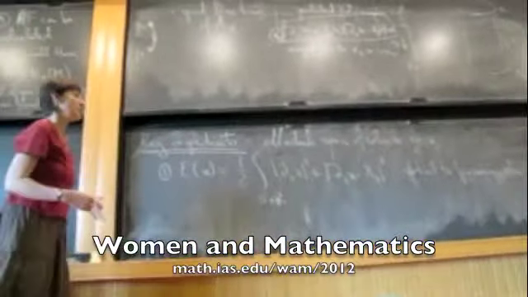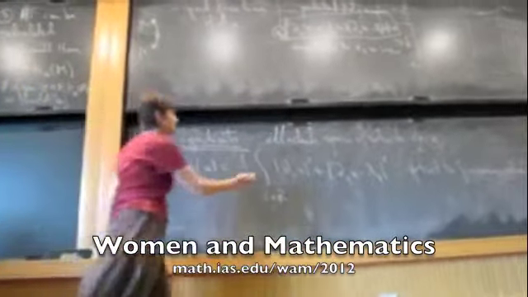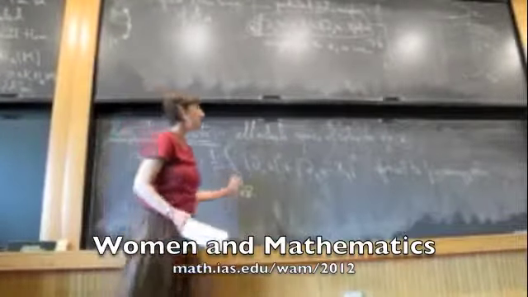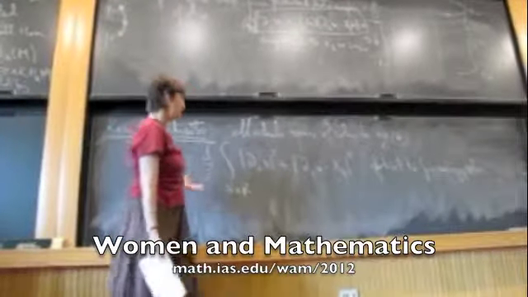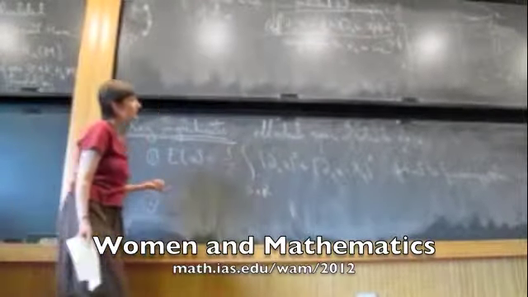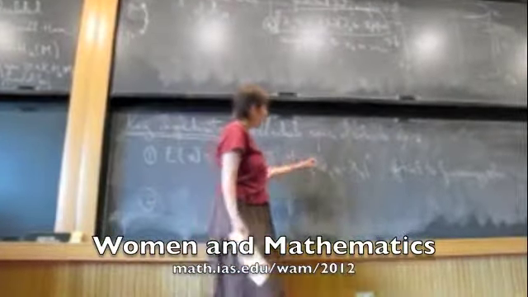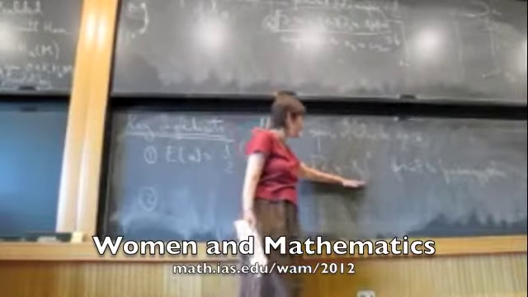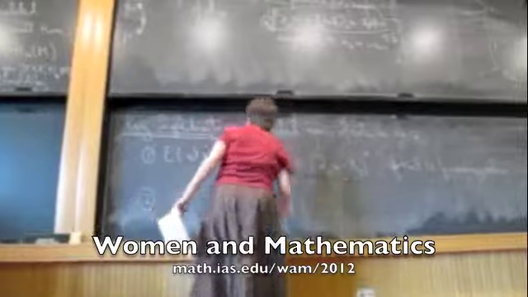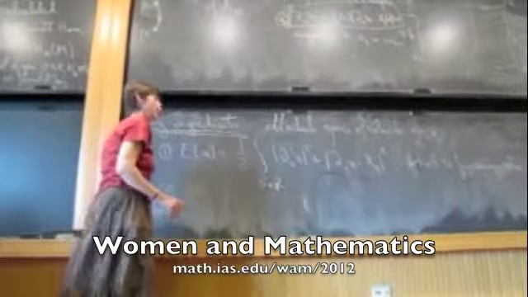So we restrict only to finite energy solutions. This quantity is finite, which means the integral has to converge as s goes to plus or minus infinity, so this term has to go to 0.